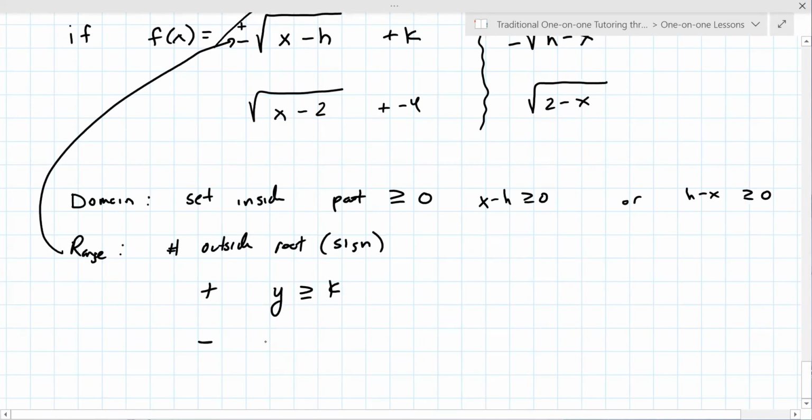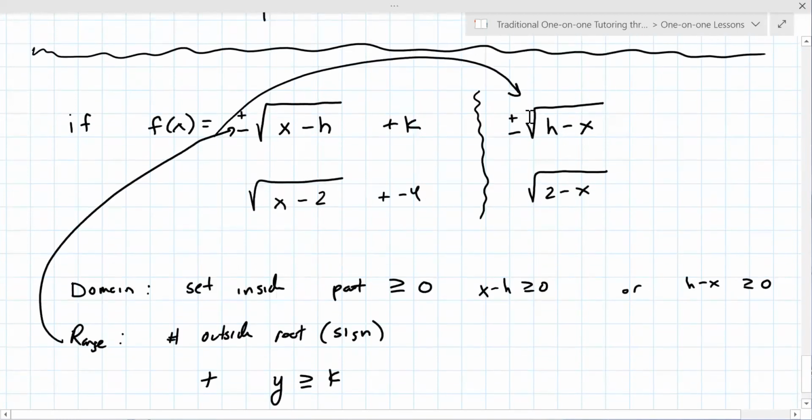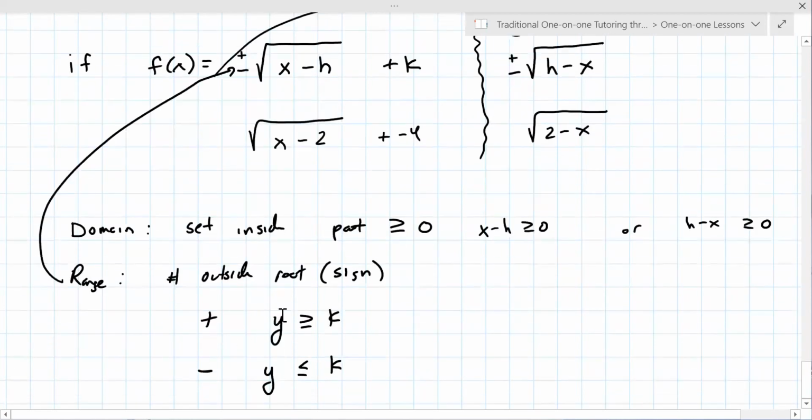If it's negative, it's y less than or equal to k. And you just strictly look at this thing on the outside here. Is that okay? Yeah. Okay. We'll do some examples, but now let me try to summarize the quadratic here.